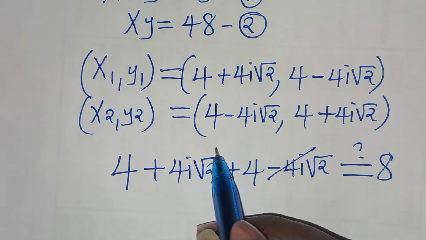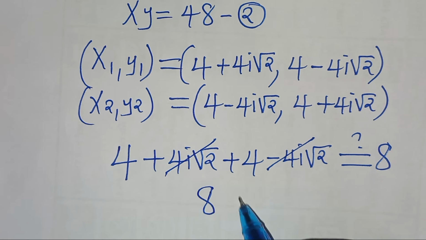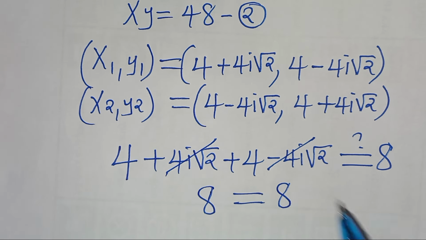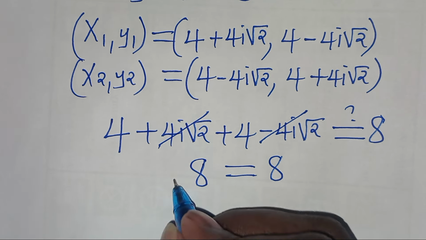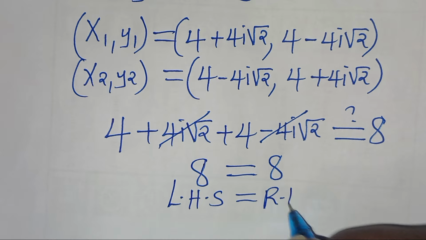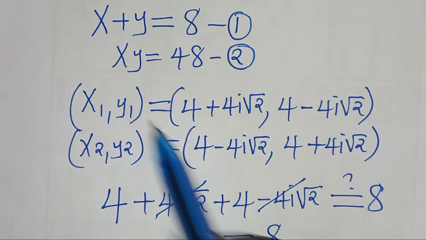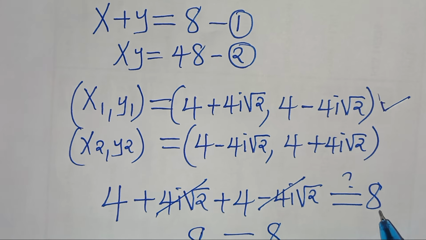So this simplifies so that we have 4 plus 4. This is equal to 8, which is equal to 8. So this implies that the left hand side is equal to the right hand side. And this shows that x1, y1 satisfies the equation.